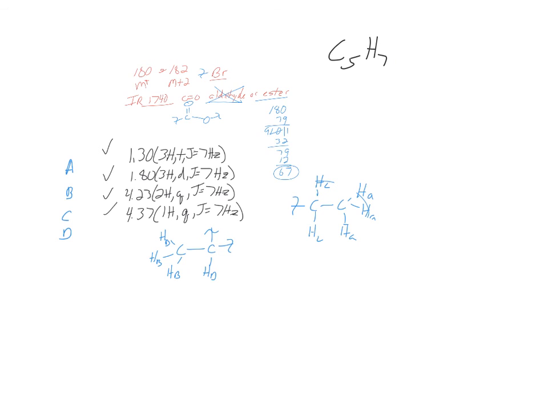Okay, so there's really only 2 options that can go together. So you can have C, HB, which is next to HD. You can put the bromine here, and put the ester here, and put the other piece there.